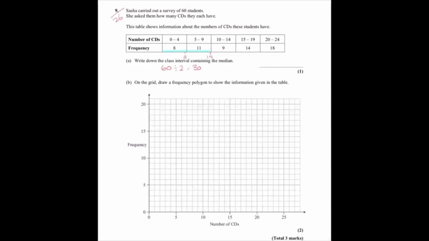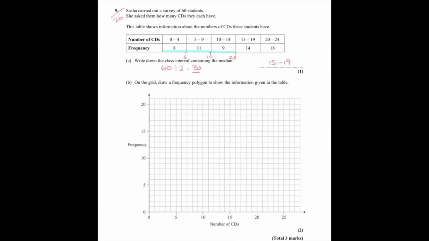If I go along the frequency again, I can see I'm going to add in another 9, which is going to take me to 28. But remember, I'm trying to get to 30. So at the moment, I've got myself to a total of 28 students that have between 0 and 14 CDs. My 30 is definitely going to lie in here because I only need a couple more students and there's 14 in this group. So my answer is 15 to 19.